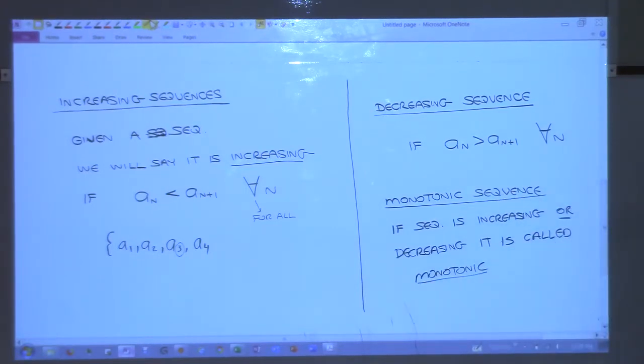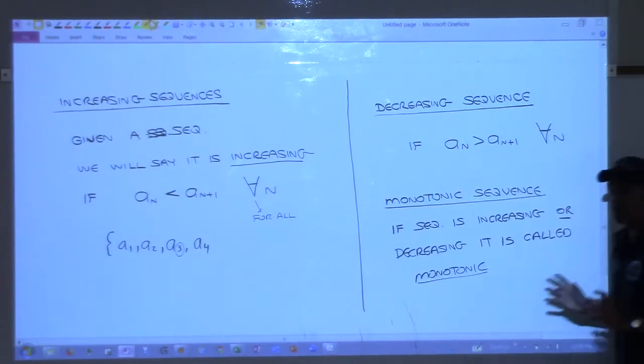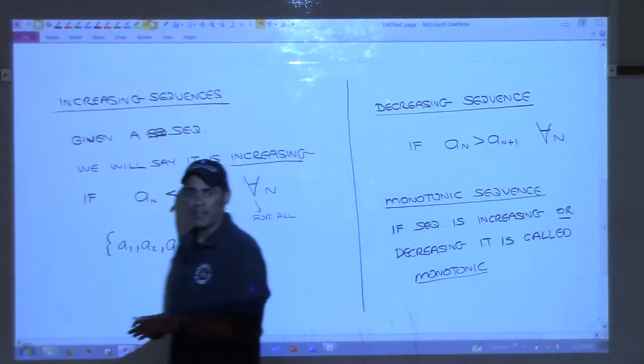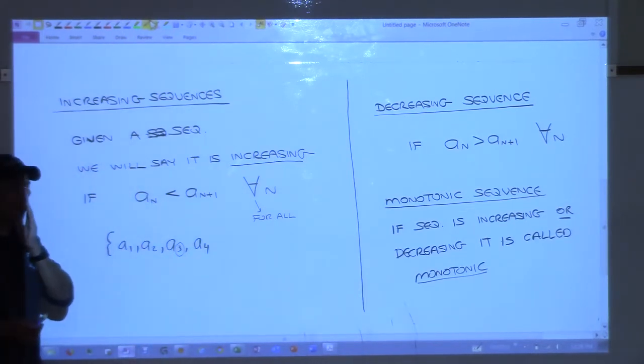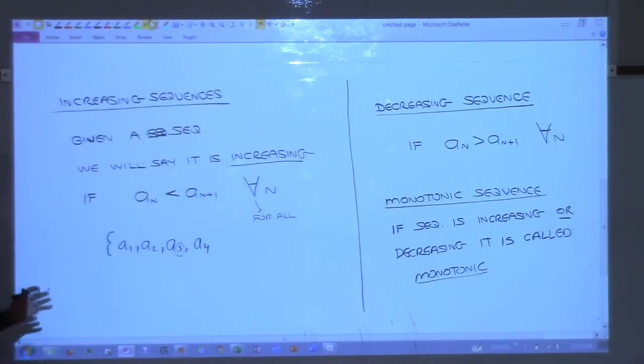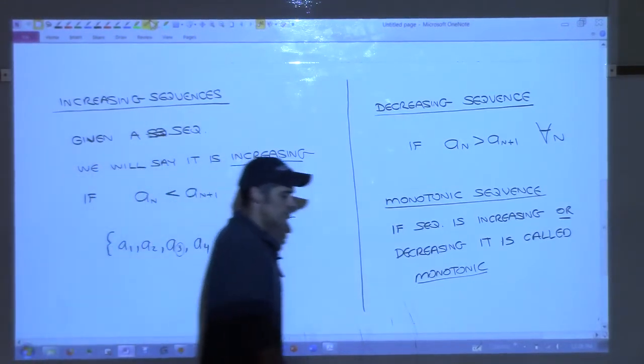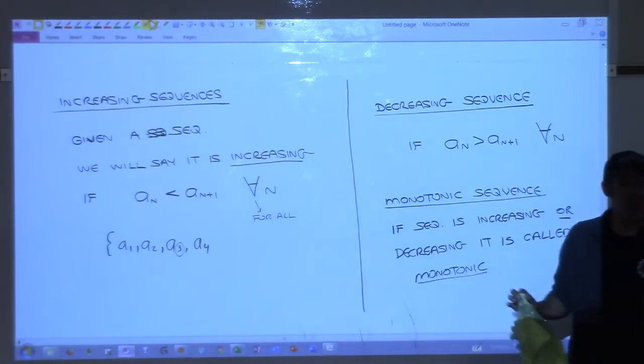So monotonic is more general. If I tell you, hey, I've got this sequence and it's monotonic, it's either increasing or decreasing, but it doesn't specify. So monotonic is kind of a vague description, but it tells you that it's one or the other.